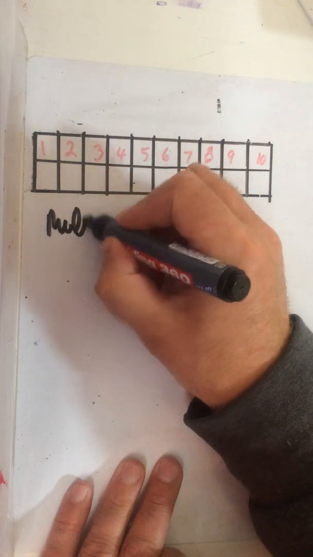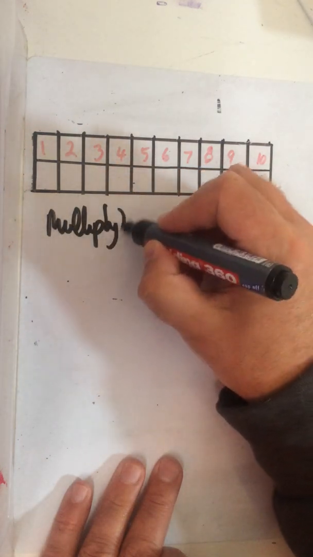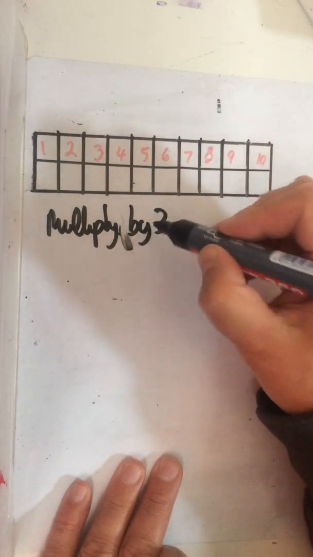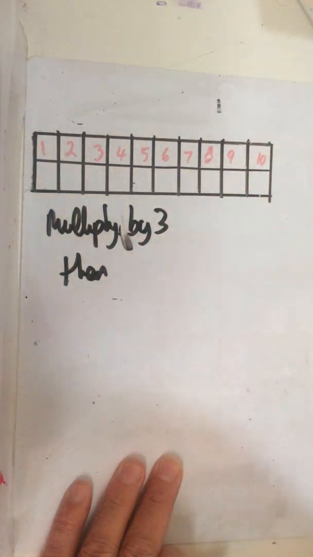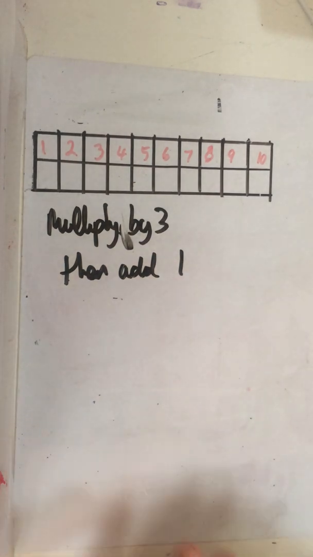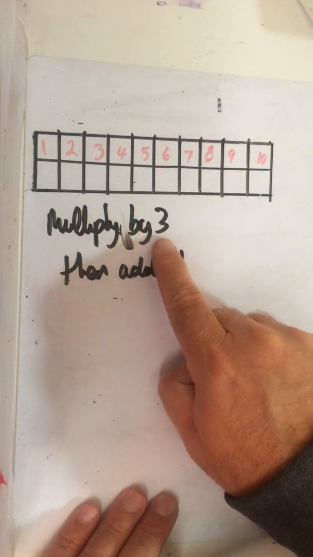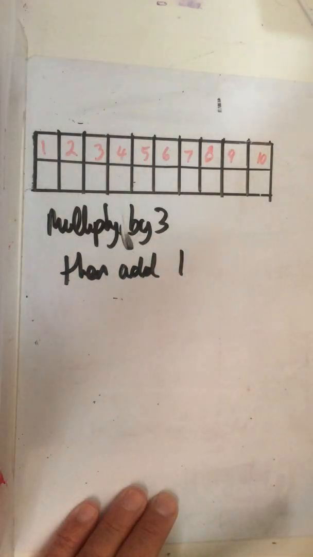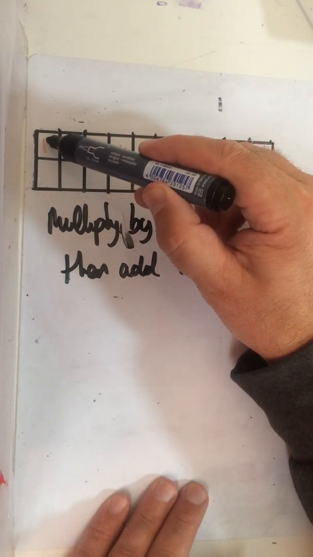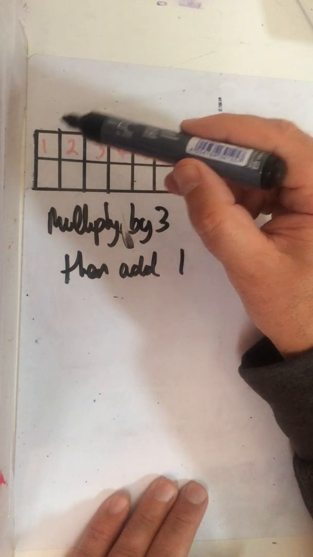Multiply by 3, then add 1. So for each of these numbers, that's what we have to do. We have to multiply by 3, then add 1. So let's have a look at this one. First question here, I'm going to multiply this by 3, then add 1. So 1 times 3 is 3, add 1 is 4.